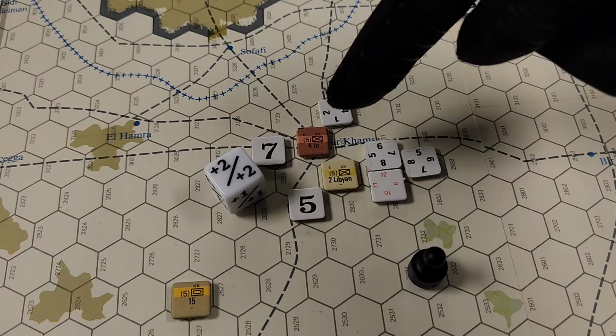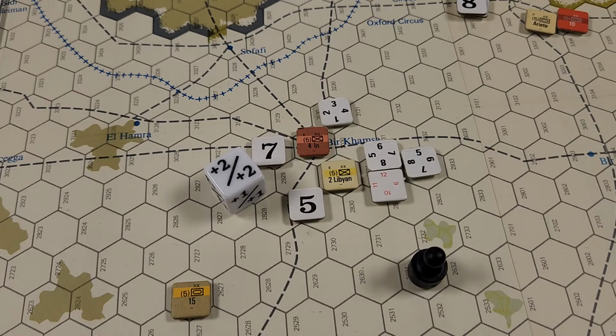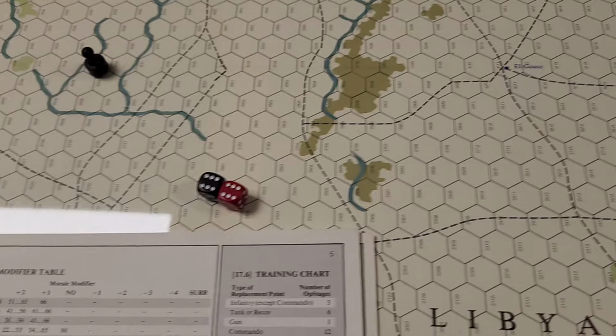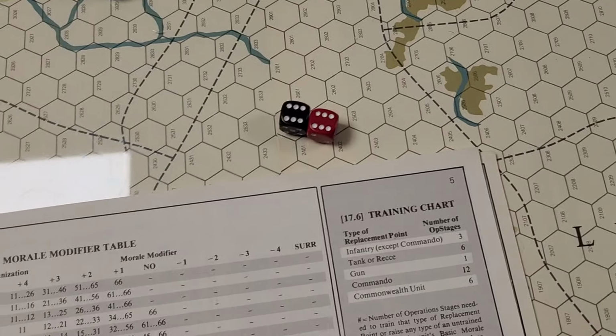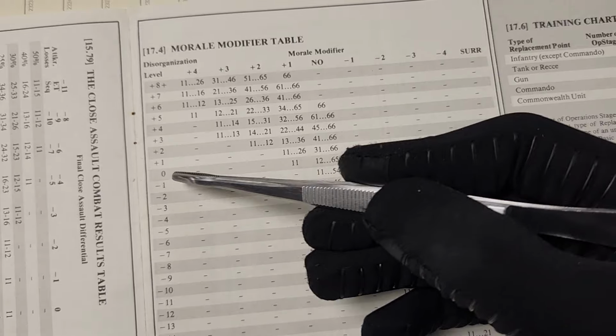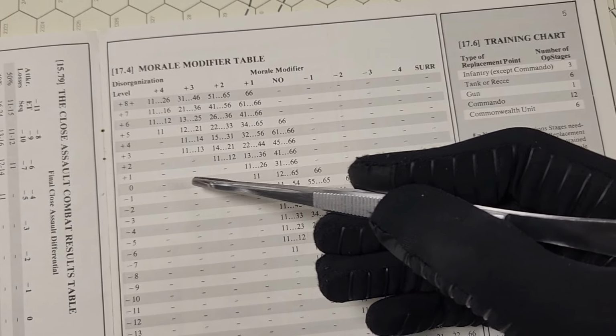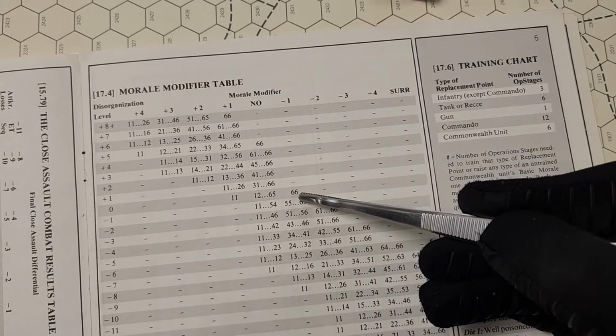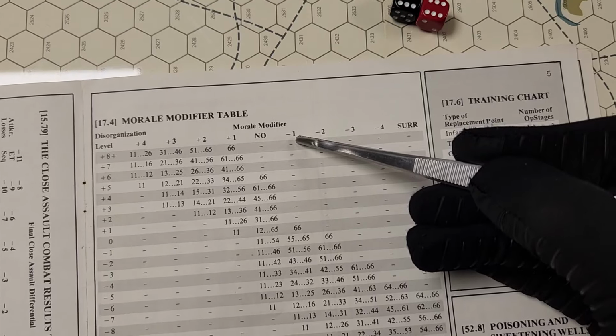They're going to lose a morale. This is what they roll, so you guys can see. The 4th Indian was at 0 cohesion, but they rolled a 66. So it drops their morale by 1.